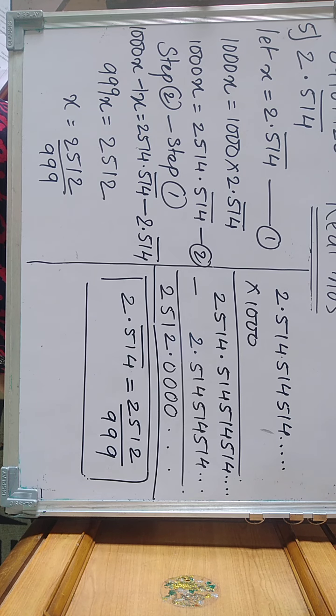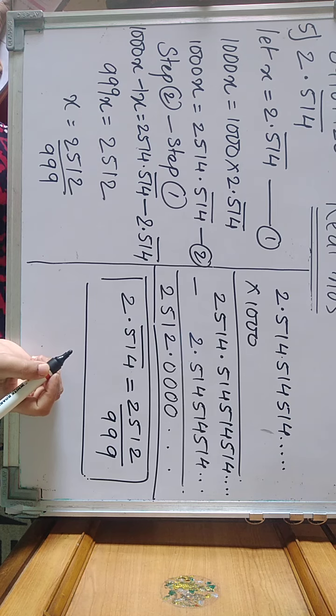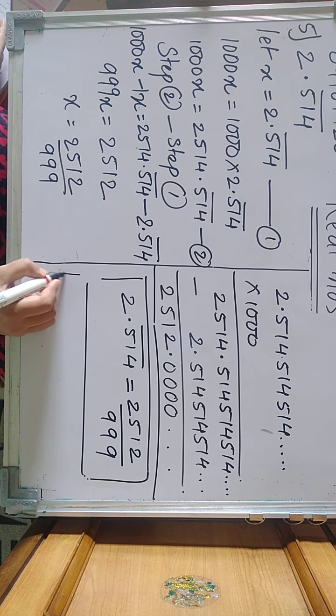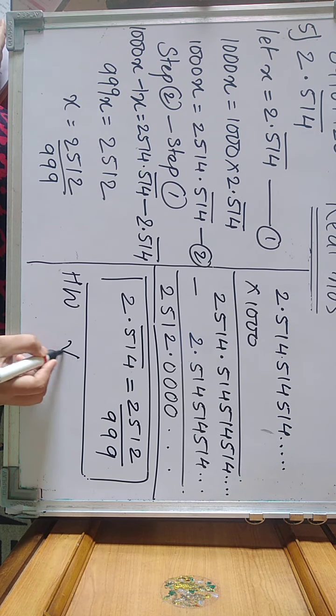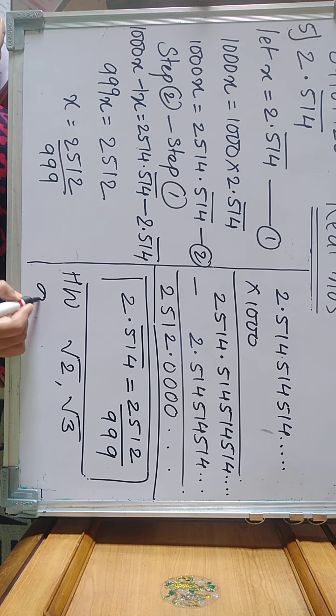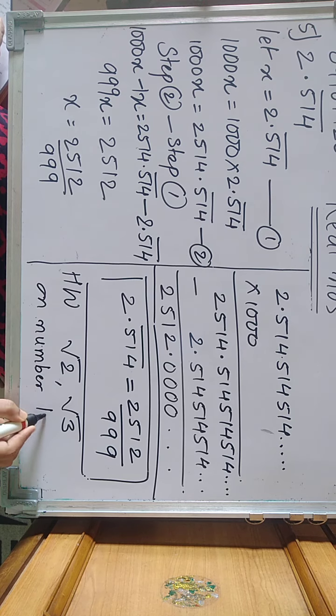So your homework for today will be, you have to solve all the sums of exercise 2.1, which I solved on the board and also which I left for you all to do. And after that, you will be drawing root 2 and root 3 on the number line. This is already done in 8th standard, so this is a revision for you all. Drawing root 2 and root 3 on the number line.